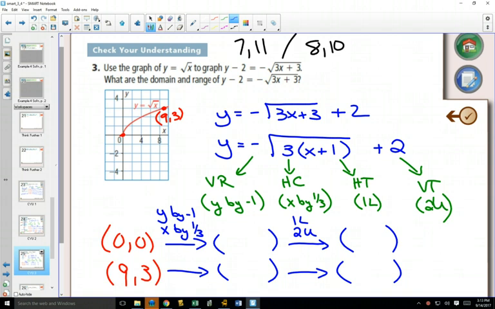Well, be careful here because these are going by 2s. Okay, this isn't 9 though, right? That's 10. So again, be careful sometimes with the notations or with the scales, because this point right there is perfectly at 9 and 3.